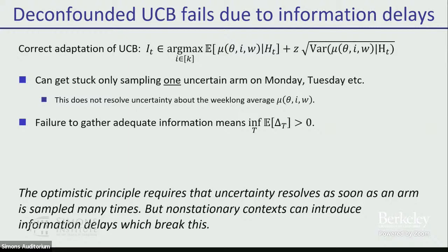But if you think an arm might be really good throughout the week, but you haven't seen Sunday yet, trying it on Monday just doesn't resolve your uncertainty. You just have to wait. And so in the counterexamples, UCB just plays the same arm for all of Monday, and it just didn't gather the information on Monday that it needed about other arms.